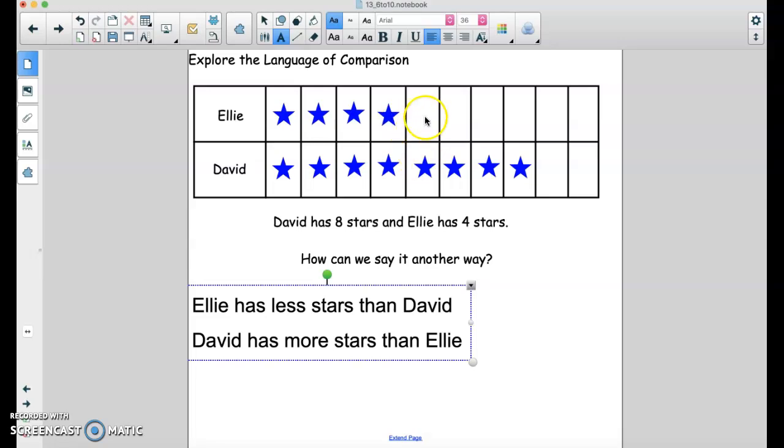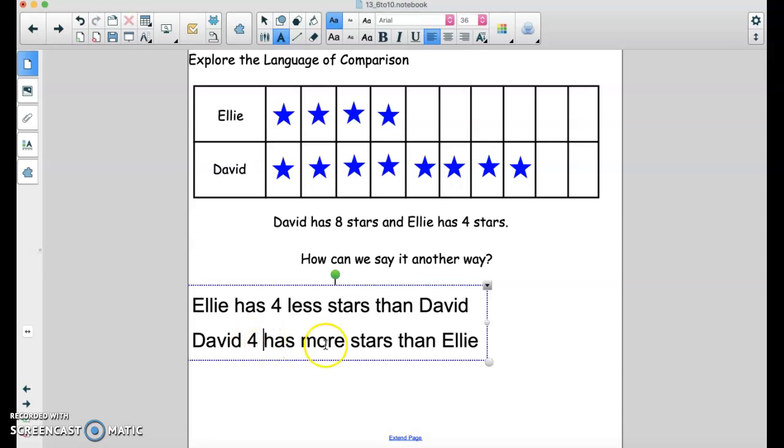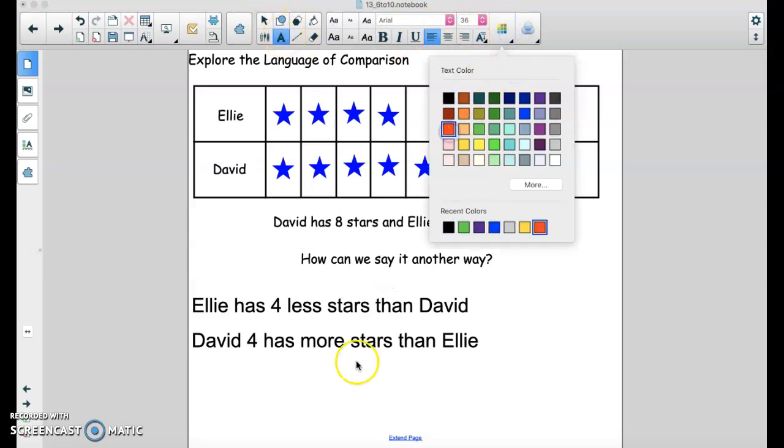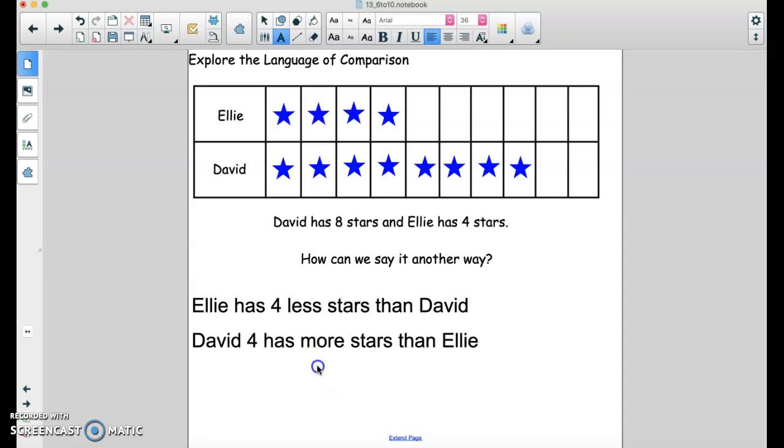Well, remember we go backwards. 1, 2, 3, 4. She has 4 less than David. And David has 1, 2, 3, 4 more. We did this a long time ago together. Now, another way that I could say this is by writing, using words, half.